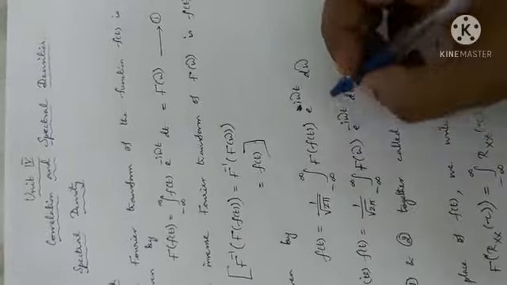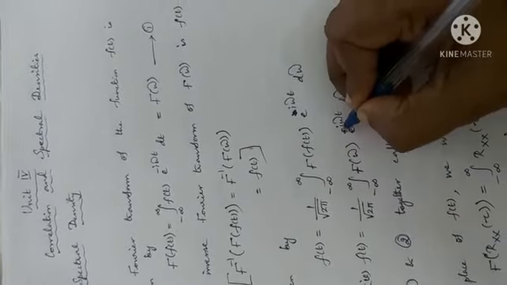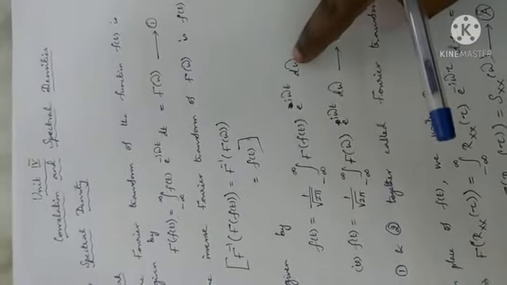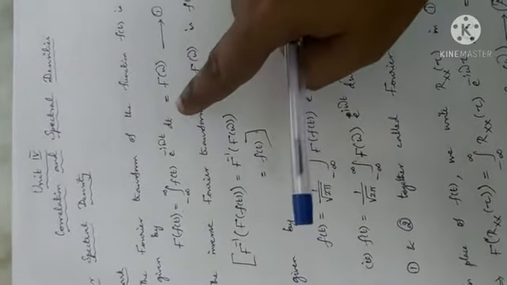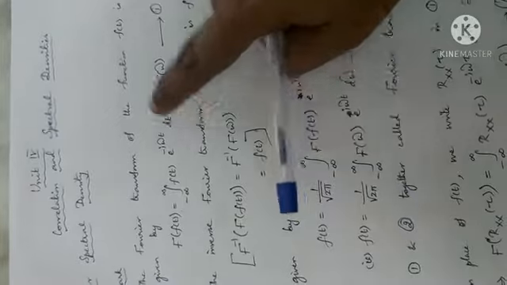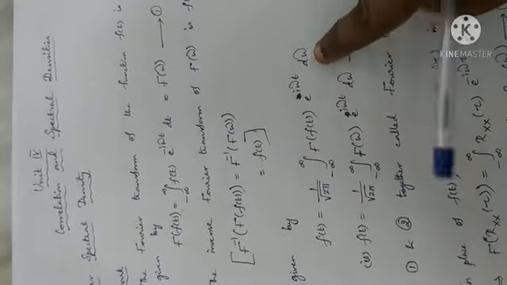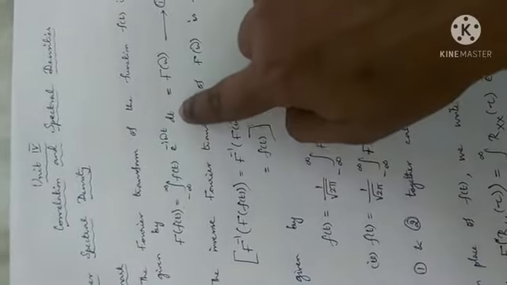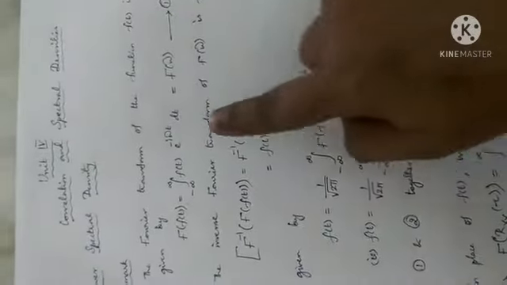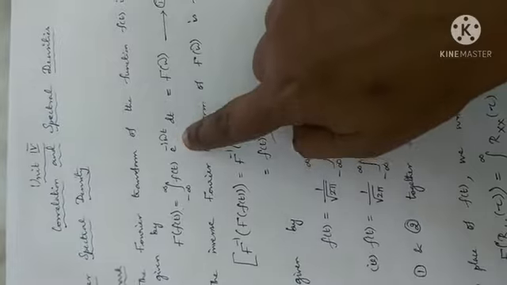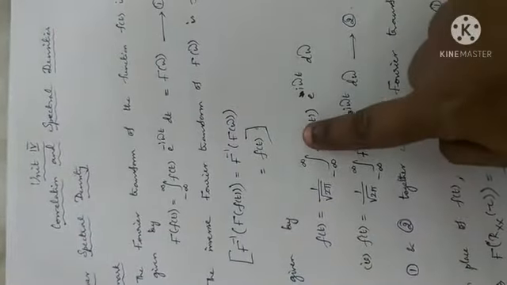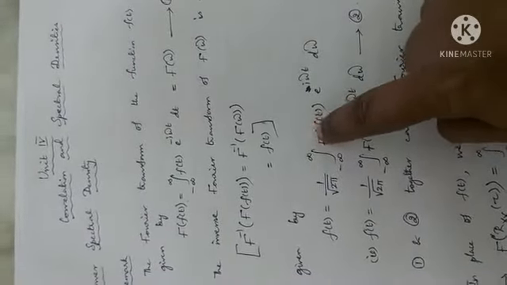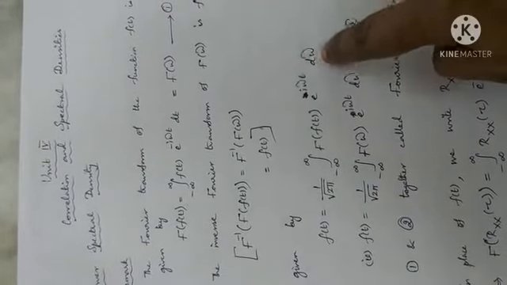Here we integrated with respect to t, and here we are integrating with respect to omega. The reason is that f of t integrated with respect to t gives a function of omega, which can then be integrated with respect to omega.